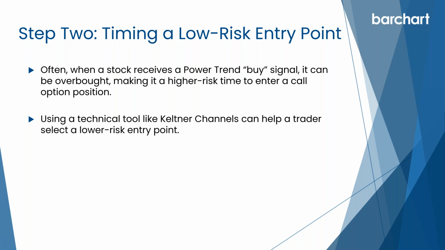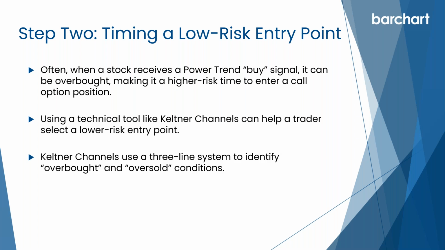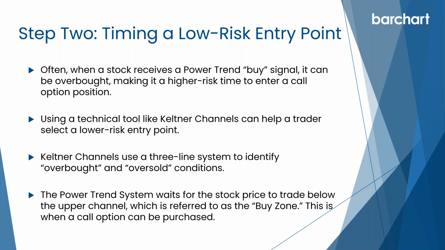We want to wait until a stock is trading below the upper Keltner channel. If the stock is trading above that upper channel, it's overbought. You don't want to take a bullish position at that point. You simply want to wait for a pullback while it's still in a price uptrend before you pull the trigger.